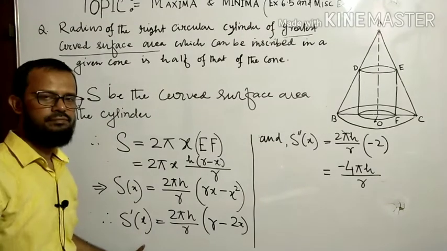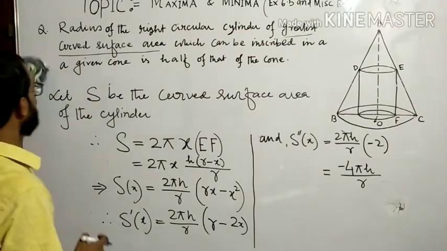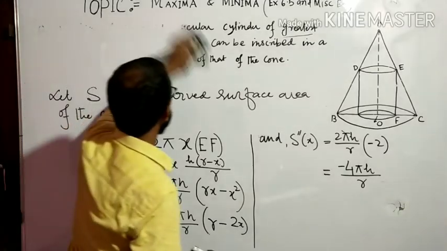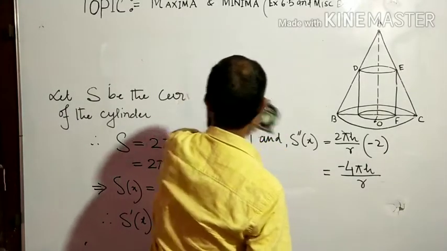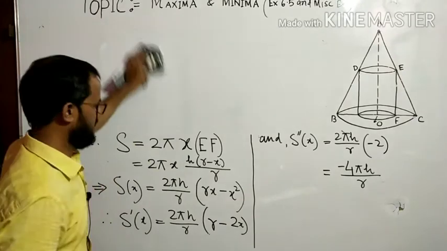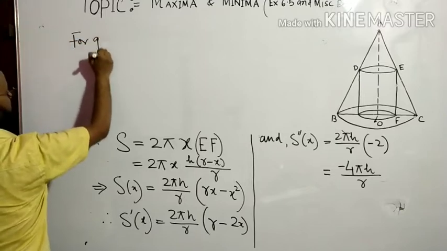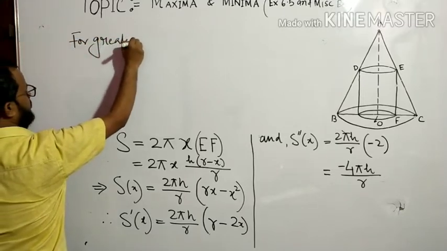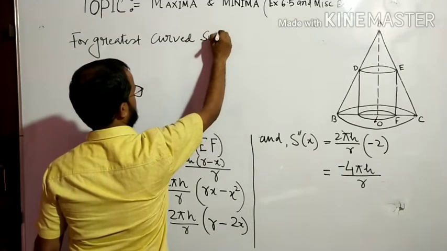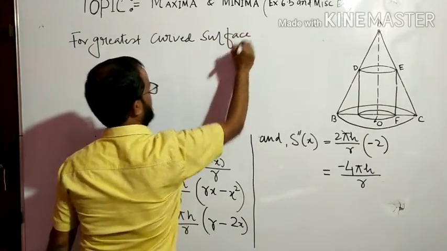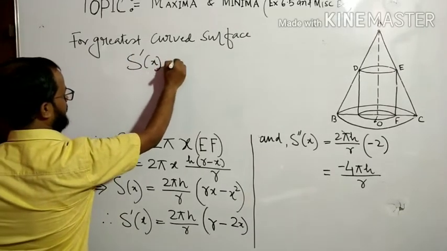Now to get a maximum or minimum or greatest value, what do you have to do? Put the first order derivative equal to 0. Here the first order derivative is S dash x. For the greatest curved surface area, S dash x equal to 0.